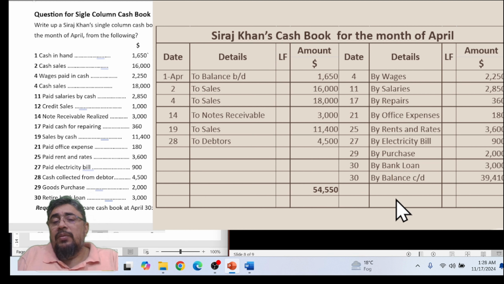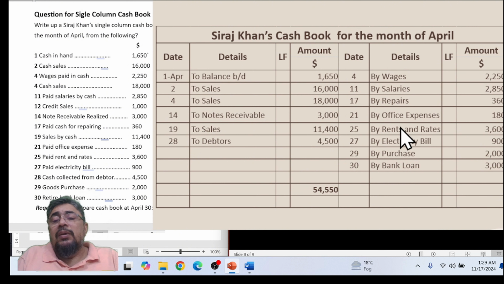In your rough copy, you can total these credits, and if the credit side total is greater than the debit side total, we will write the remaining balance here.